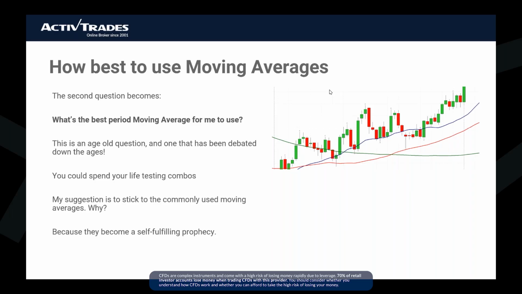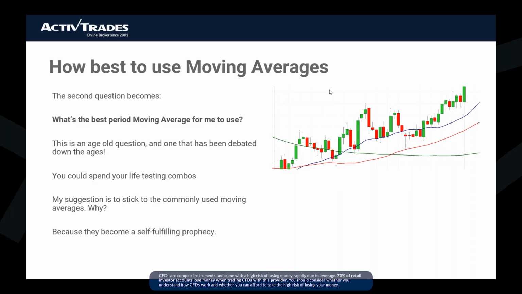And I do know quite a few traders who quite literally spend their life testing combinations of moving averages across every chart that they trade. And if you have the skill and the technology and the patience to do that, then by all means, that's a path you can go down. It's a path lots of people go down.